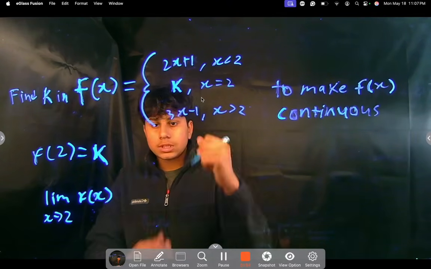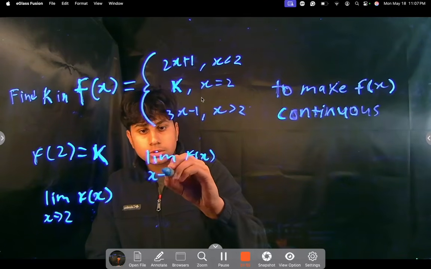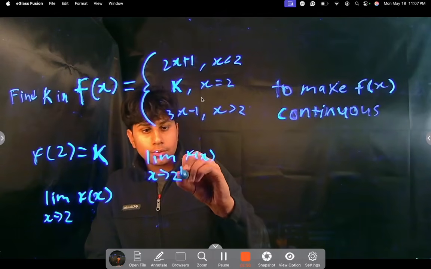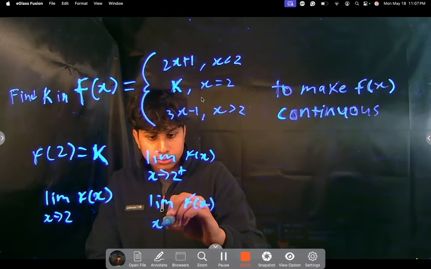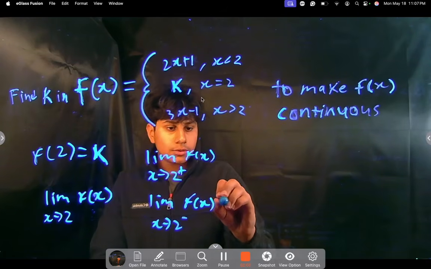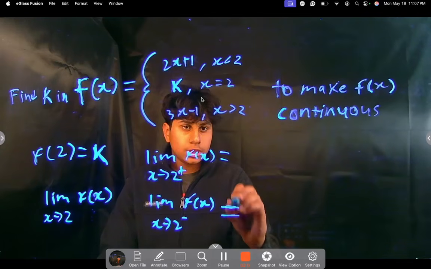So what can you say here? The limit of f of x as x approaches 2 from the right, and the limit of f of x as x approaches 2 from the left, are both equal to 5.